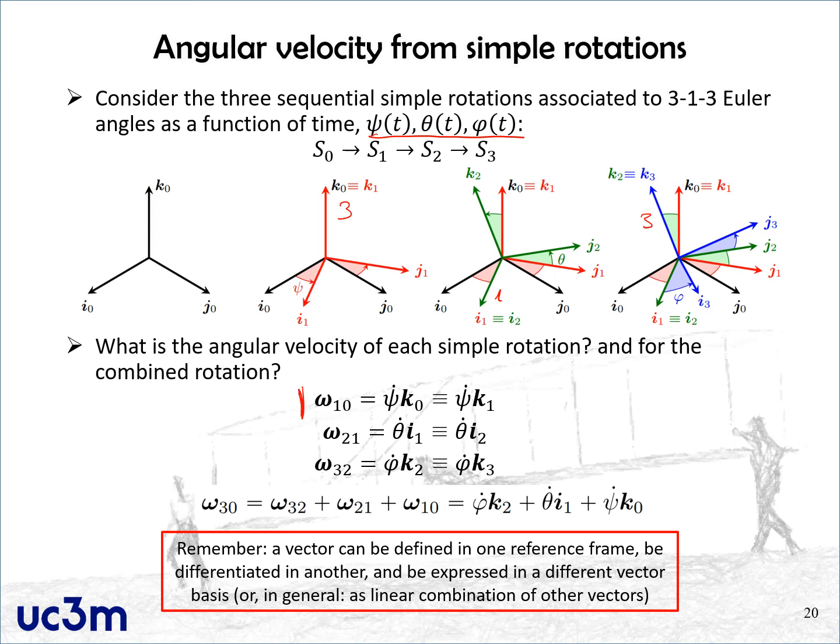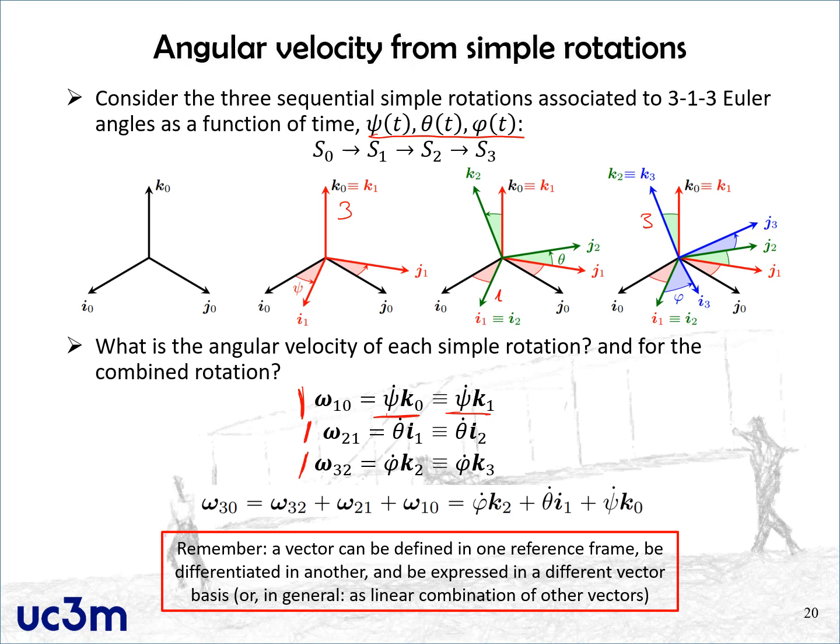For the first rotation, you have a rotation about the third axis of an angle psi, so you can write it as psi dot k0 for the angular velocity. Of course, this is the same as psi dot k1 because the vectors coincide. For the second rotation, likewise, you have theta dot i1, and for the third rotation, you have phi dot k2.